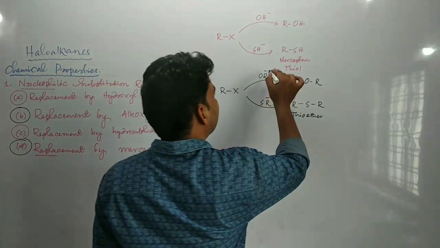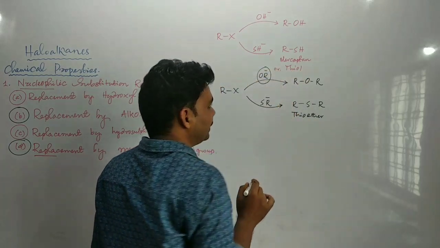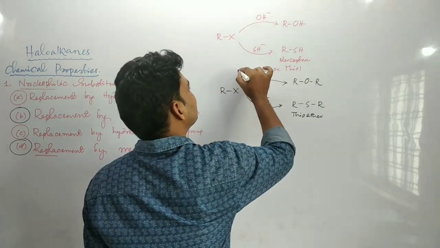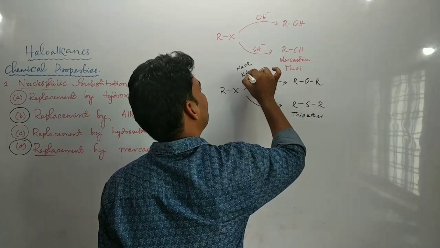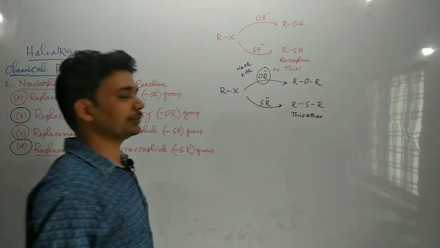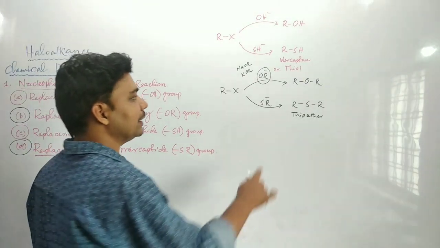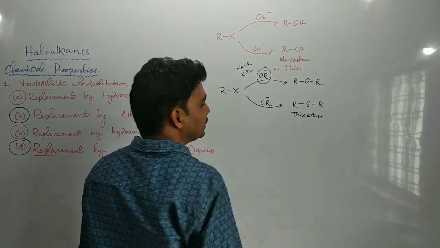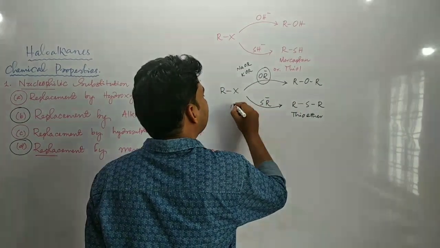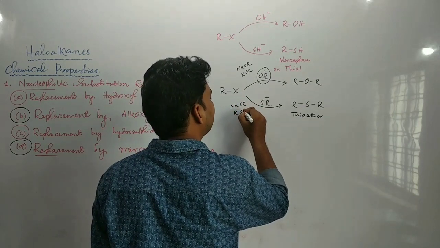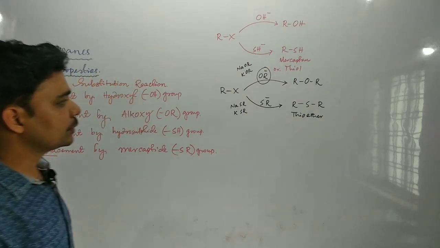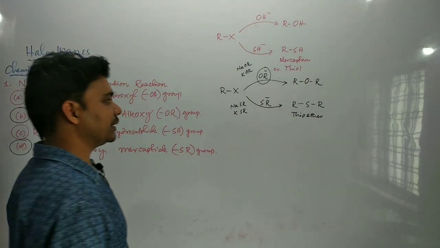In order to obtain alkoxide, we were using sodium alkoxide or potassium alkoxide as reagent. Similarly, in order to get this mercaptide, we can use sodium mercaptide or potassium mercaptide.